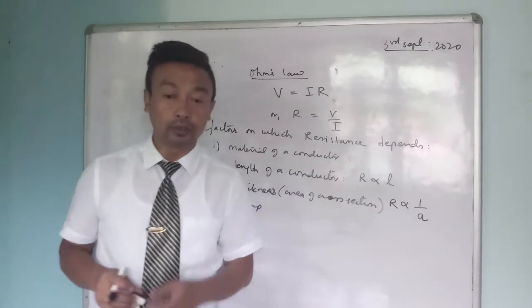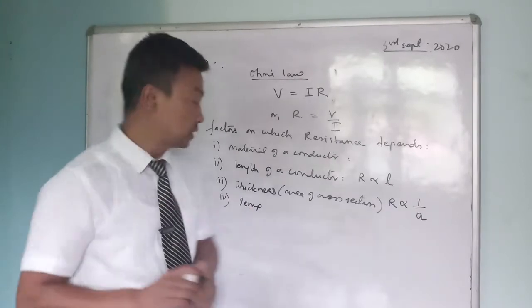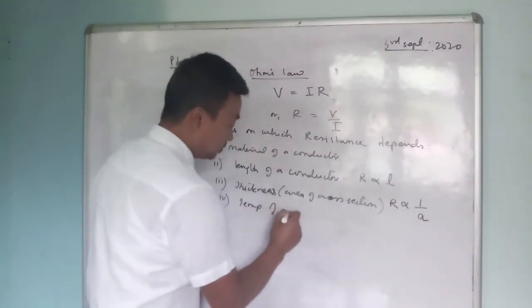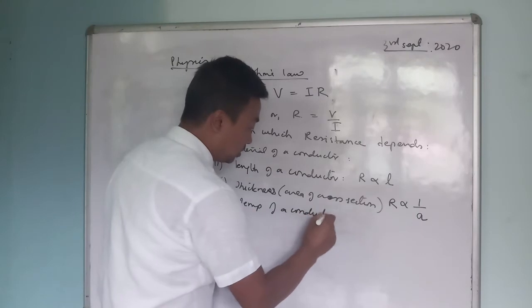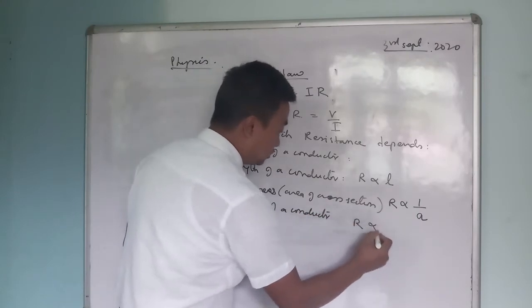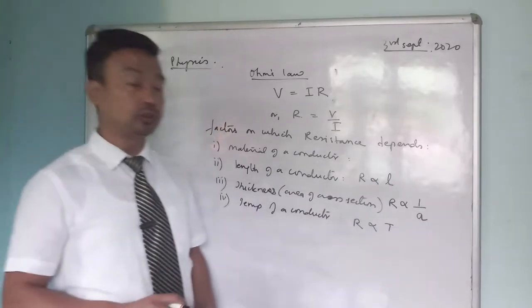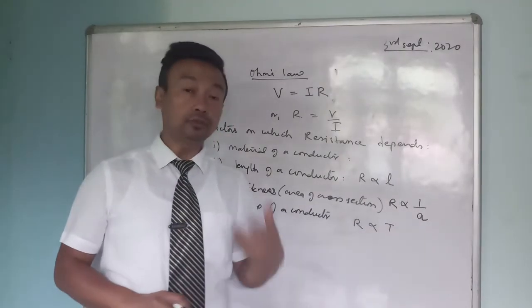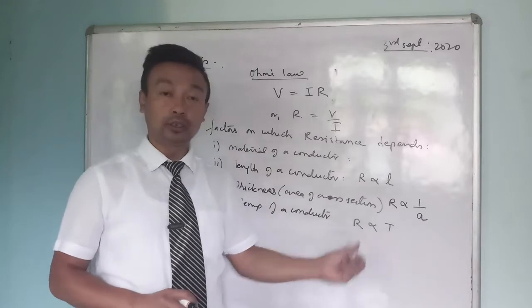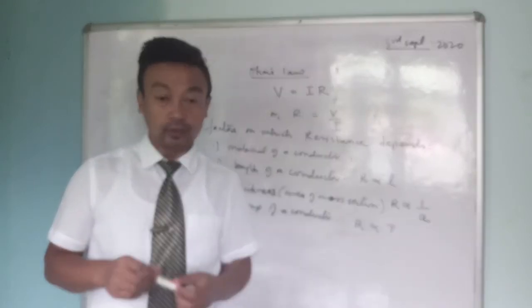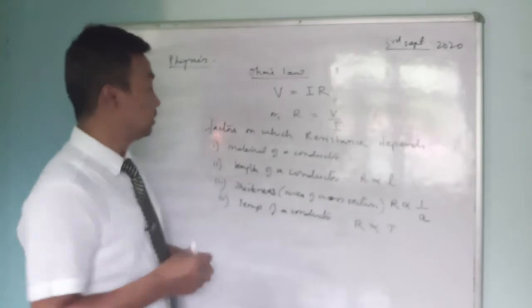It depends upon the temperature of the conductor. Here the resistance of a conductor is directly proportional to the temperature. That means if the temperature is more, the resistance will be more. For example, take the filament of a bulb.